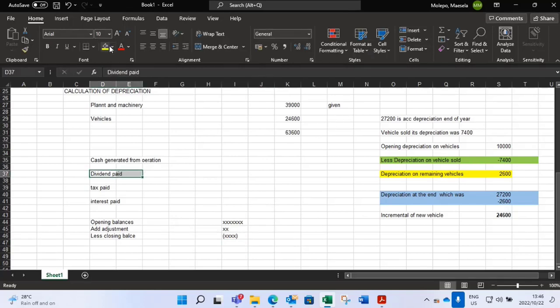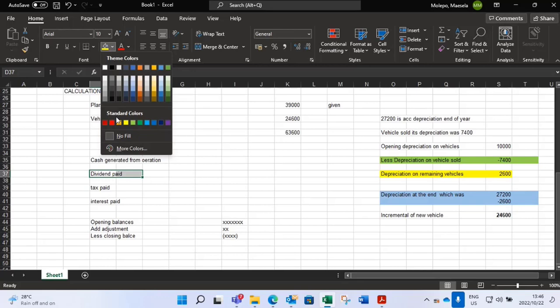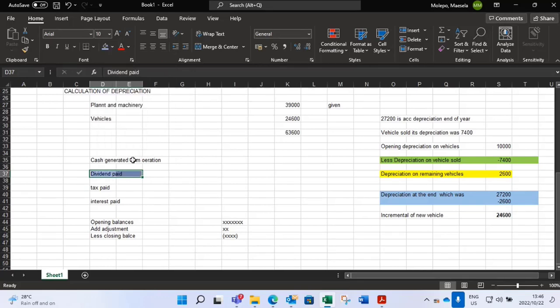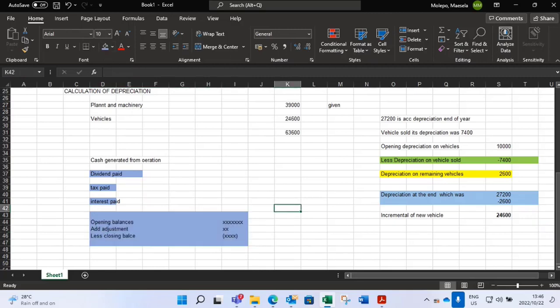So mostly they use that formula. This is the formula to be used. Happy? Anyone have a question?